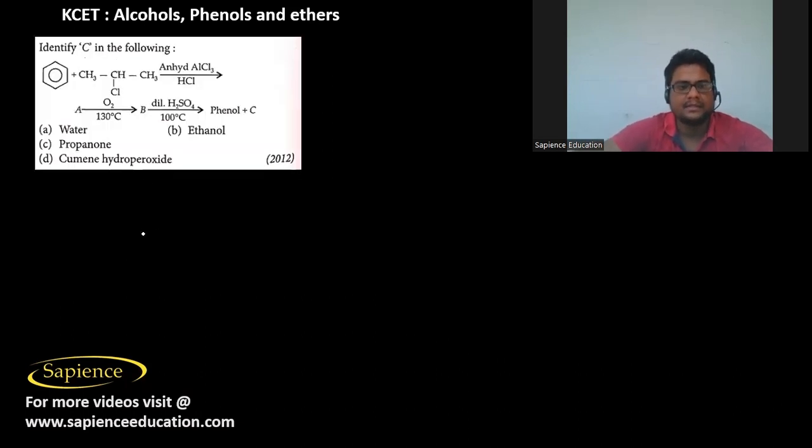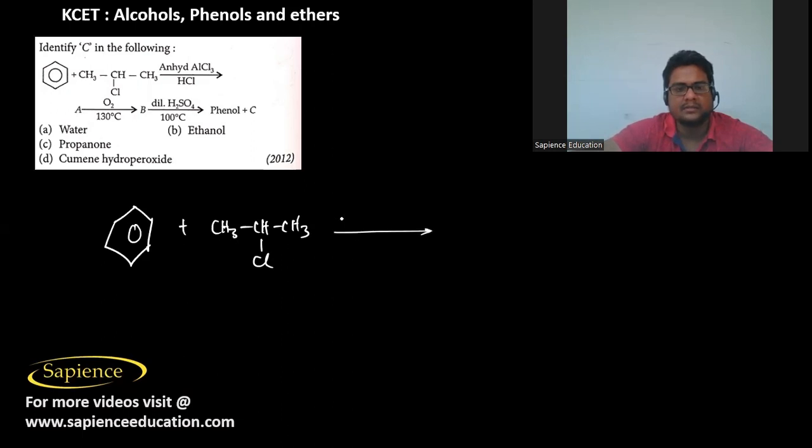And identify C in the following. Here benzene reacts with CH3CHClCH3, isopropyl chloride, in the presence of anhydrous aluminum chloride, AlCl3.